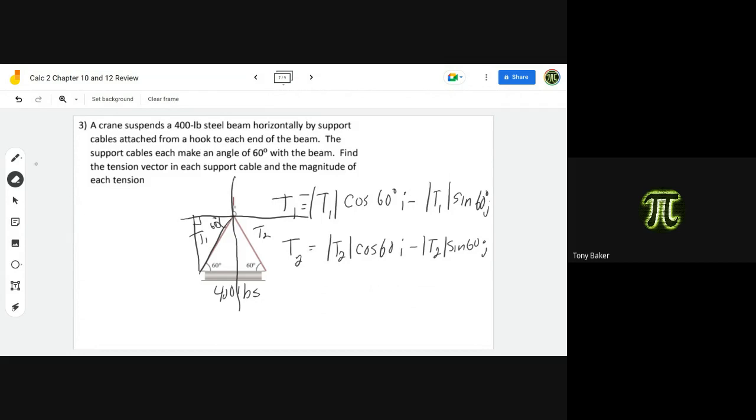All right, so the first one we have is T1 plus T2 equals negative 400 pounds. So pulling it down.